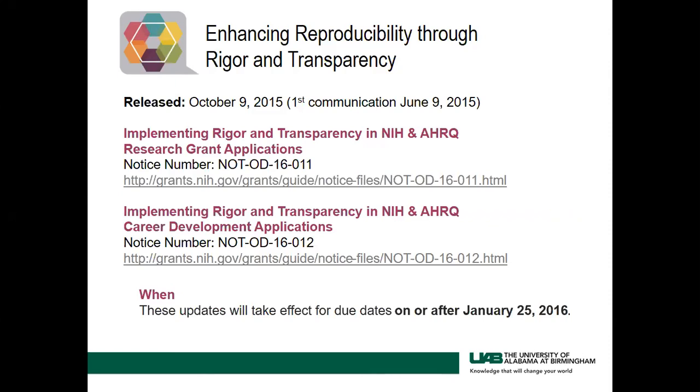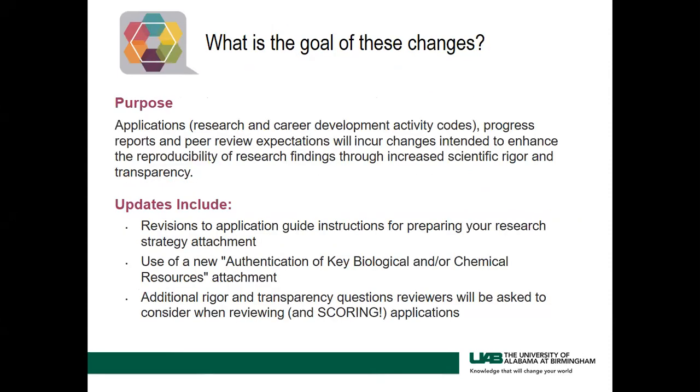I'm not going to make you read the RFA. RFAs are very boring. Well, with the purpose, all applications, all of them, were to now have an authentication of key biologic and or chemical resources. That's interesting. What is that supposed to mean?